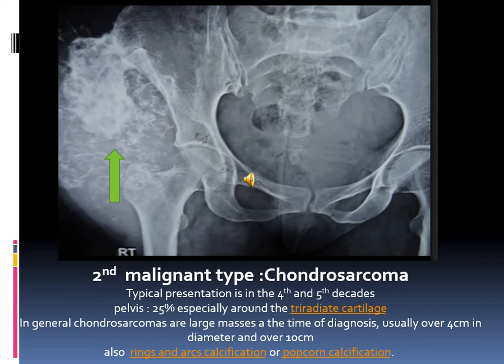Here you can see there is mixed density, low and high dense, in the right hip joint. This mixed density appears like popcorn or just areas of ring and arc calcification. This is diagnostic for chondrosarcoma calcification, usually seen in the fourth and fifth decade of life and very large at the time of the diagnosis.